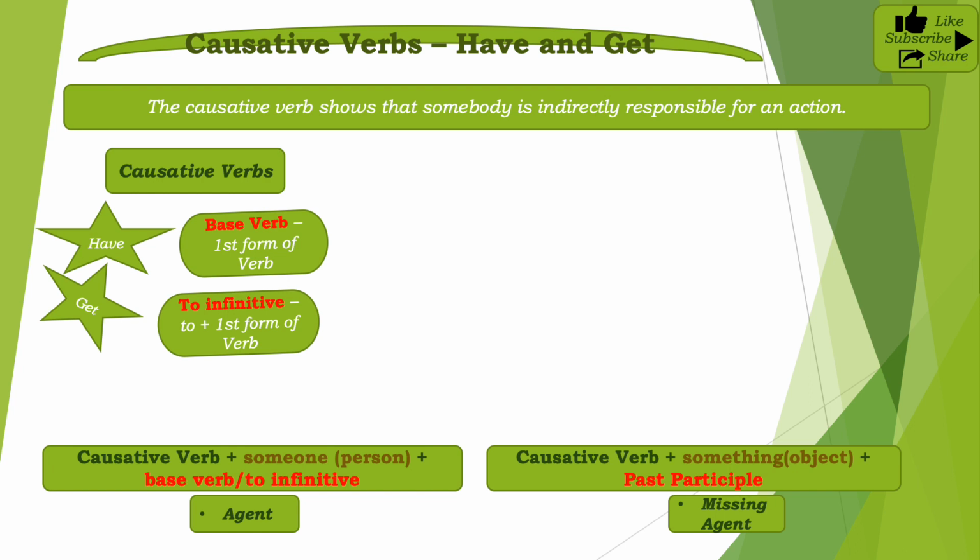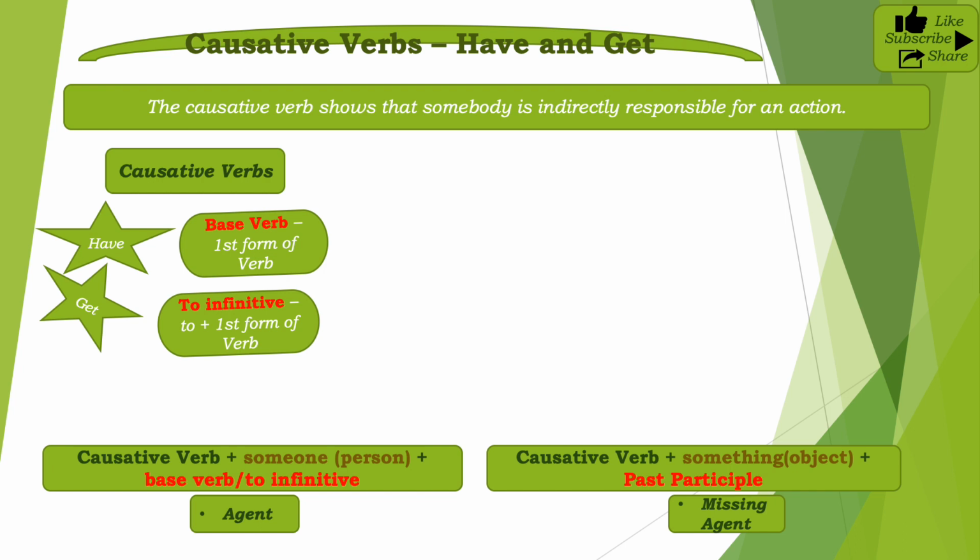The first structure is causative verb plus someone, the person, plus base verb, that means the first form. In the first structure, we have the agent present. In the second structure, we have causative verb, something, object, plus past participle, that means third form of verb, and missing agent.